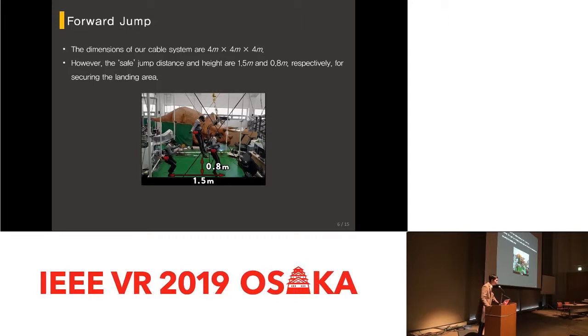There are many reasons why the safe area should be reduced so much. For example, at the time of landing, the final velocity is not 0, and then the user moves ahead toward the steel frame, and it would be a serious accident.